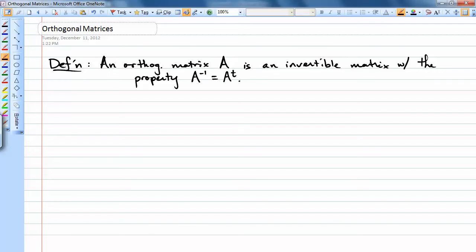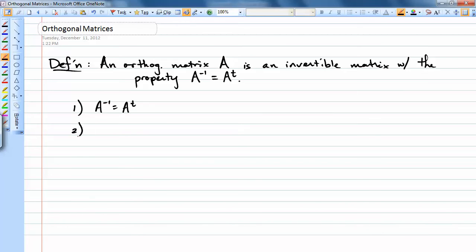Now, what we're not proving right now, we'll prove later if we have the time. There are three different ways of thinking about it. One way is just the pure definition of an orthogonal matrix, which is what we just said: A inverse equals A transpose.